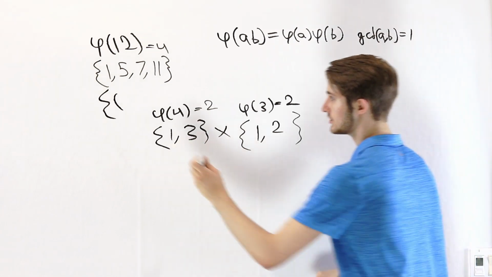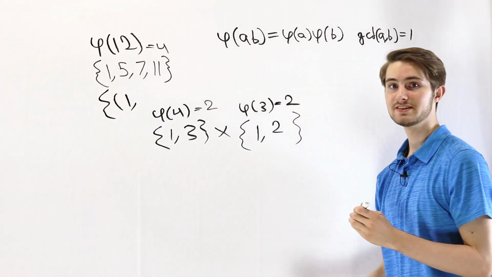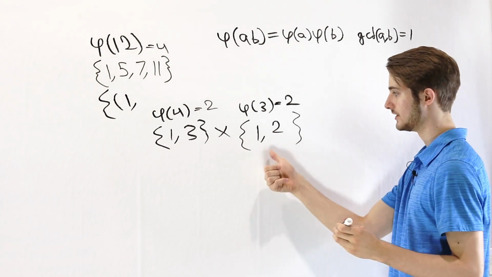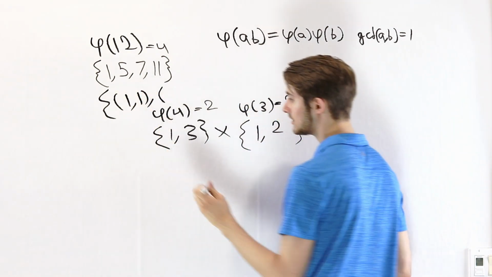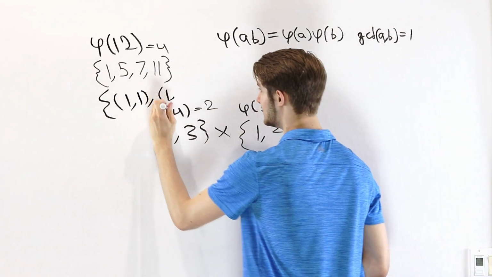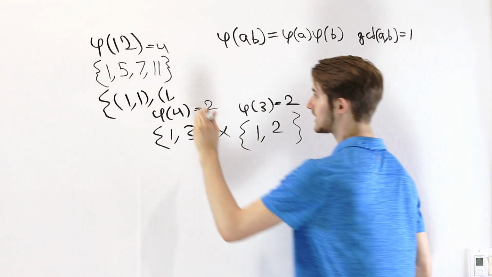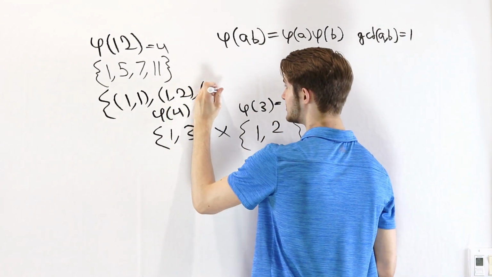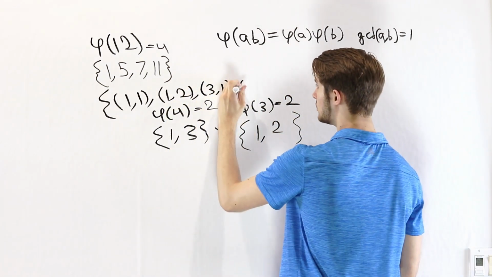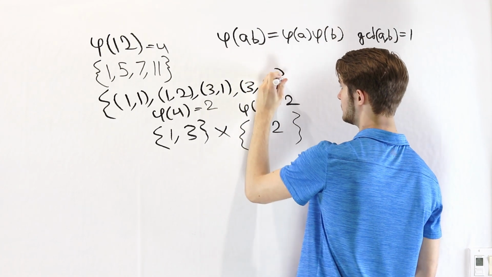For example, we could use this 1. And then we're going to take the second number in the ordered pair from this set. For example, it could be, again, a 1. We could also have a 1 from the first set and a 2 from the second set. We could also have a 3 from the first set and a 1 from the second set, or a 3 and a 2.